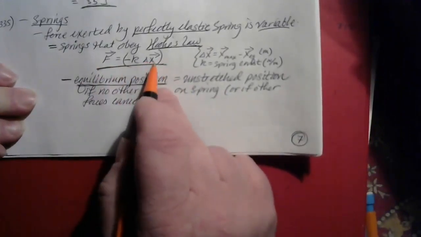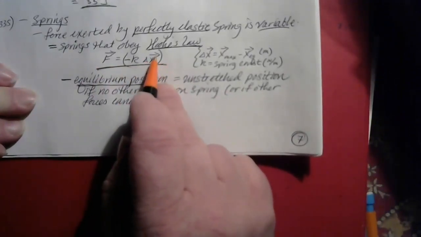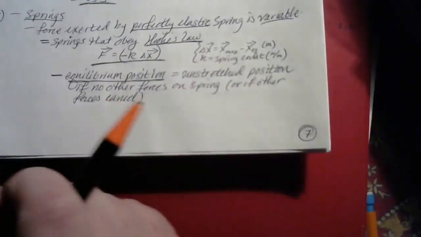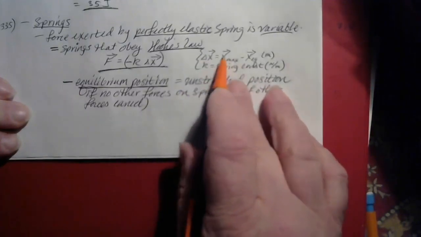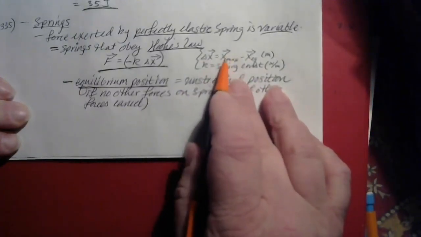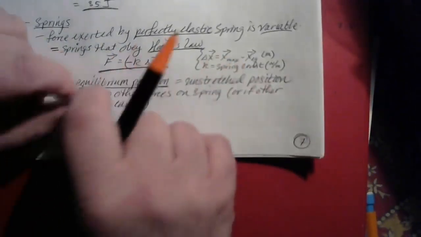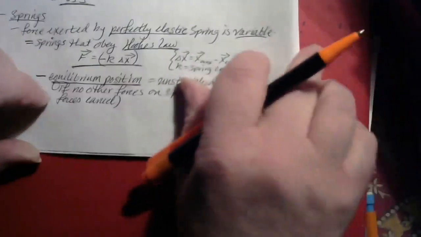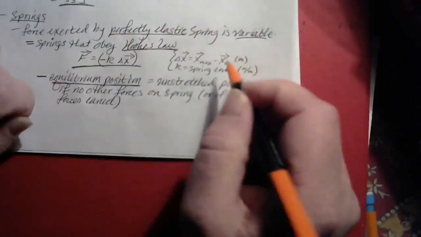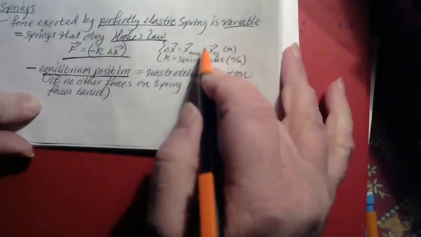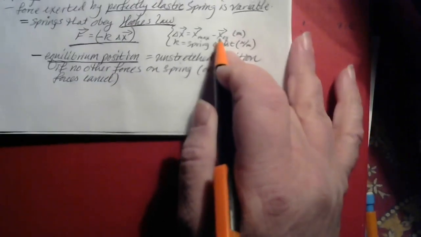And delta X is the amount by which the spring extends or compresses when the force is applied. You can take that as basically the X coordinate if you're stretching it in the X direction. The X coordinate at its maximum deflection, either extension or compression, minus the X coordinate at its equilibrium position.